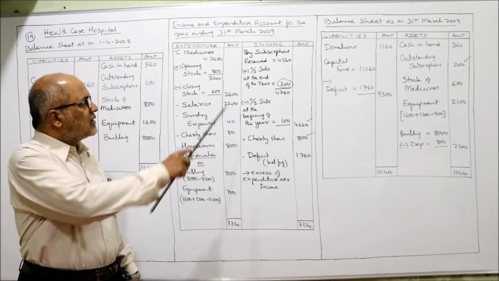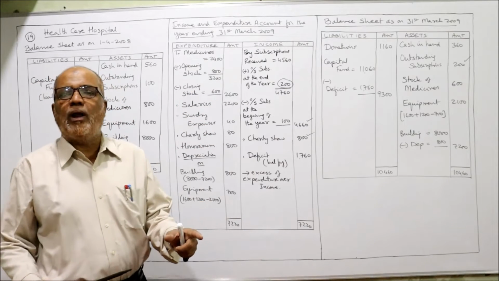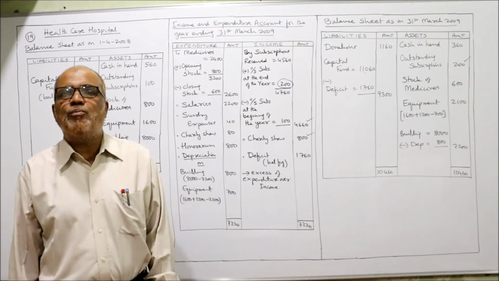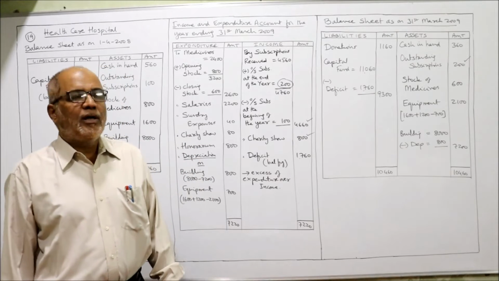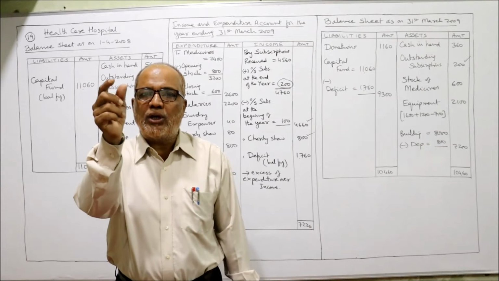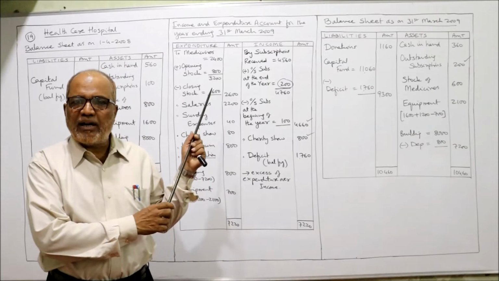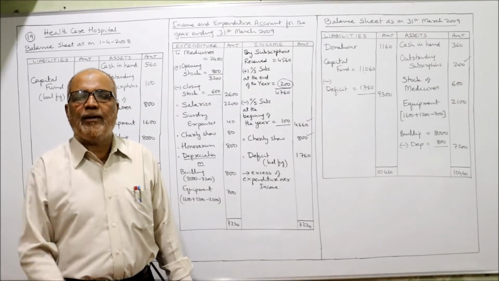Over. Now take the total of the expenditure side, 7,220. In this problem, expenditure is more than income. So after taking down all the items on a separate paper, you find out the total of debit side and total of credit side. Total of expenditure and total of income separately.